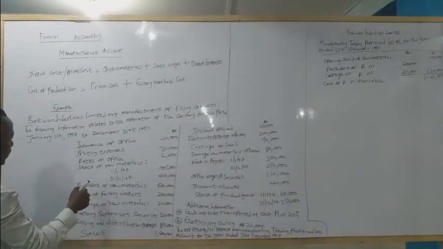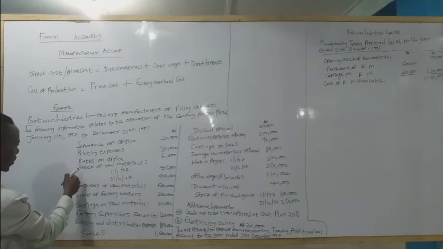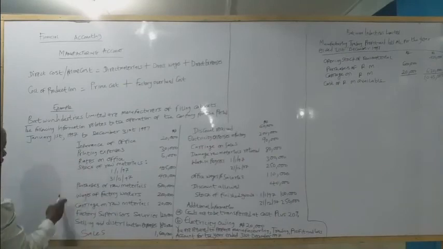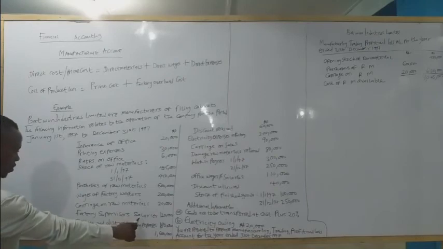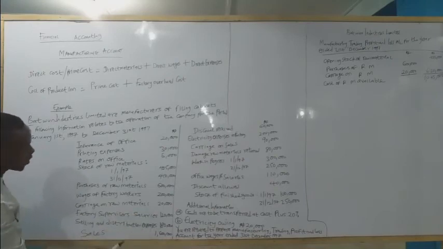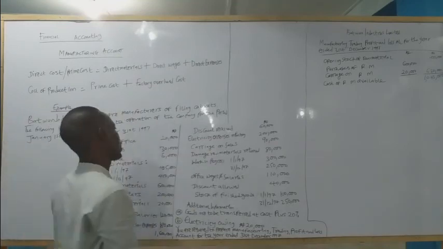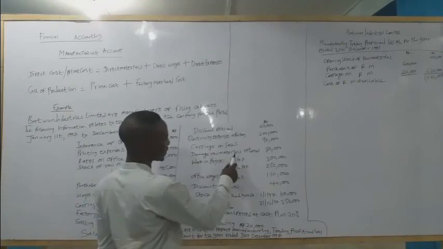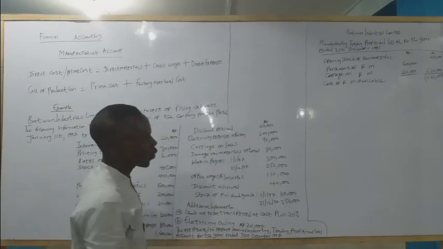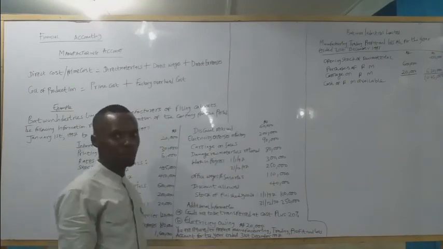Then we come again. What do we have? Carriage of raw material, factory supervisors' salaries, selling and distribution expenses, discount received, electricity, carriage on sales, damaged raw materials return. So we still have damaged raw materials return.